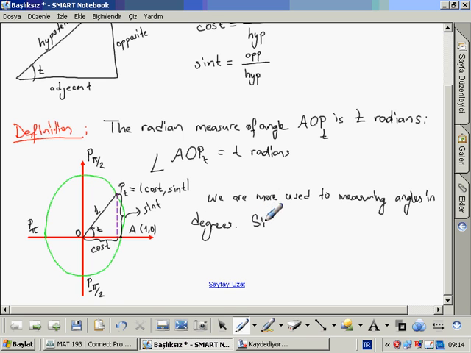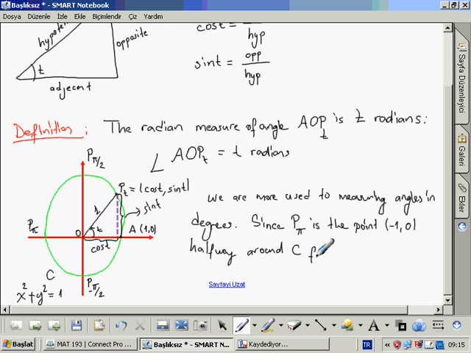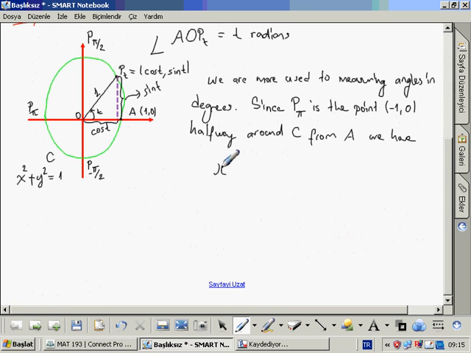Since P sub pi is the point (-1, 0), halfway around the unit circle, whose equation is of course x squared plus y squared equals 1, from A, we have pi radians equals 180 degrees.